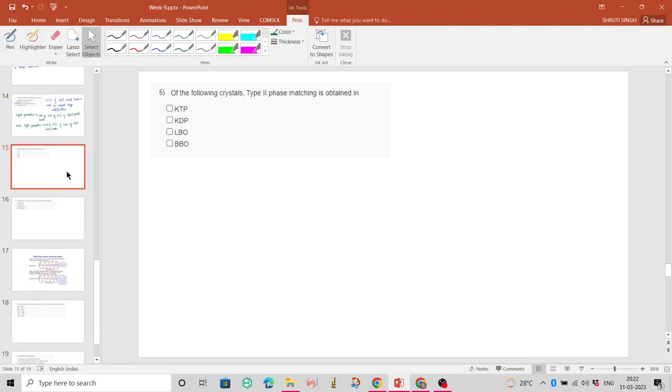In which of the following crystals is type 2 phase matching obtained? Now we have what type of phase matching happens in which crystals. So let's see. Here I am writing the crystal, and here is the phase matching.